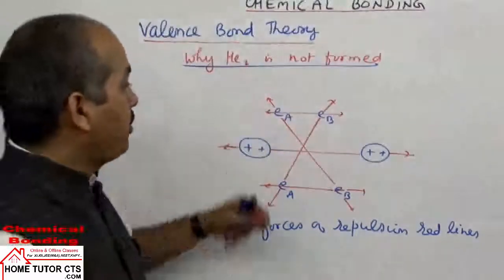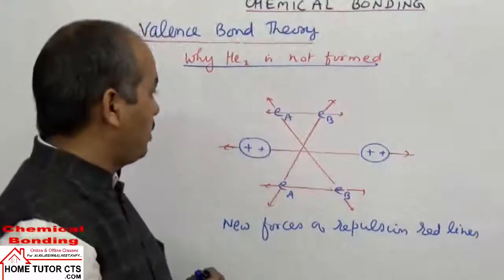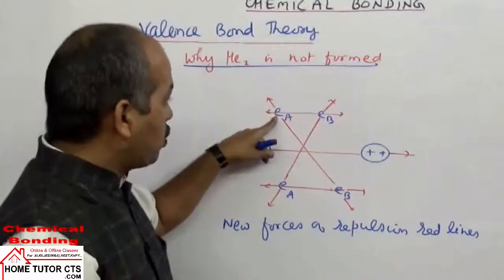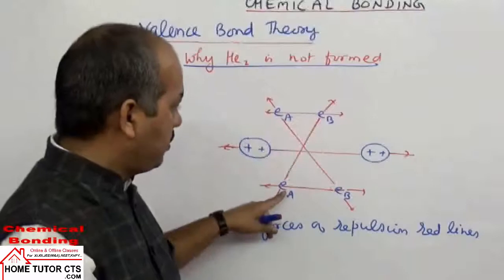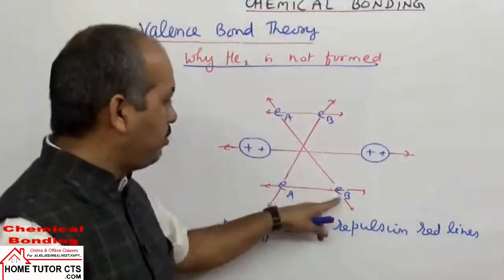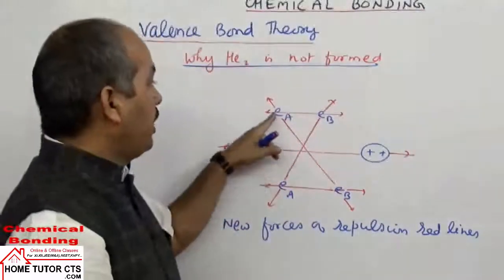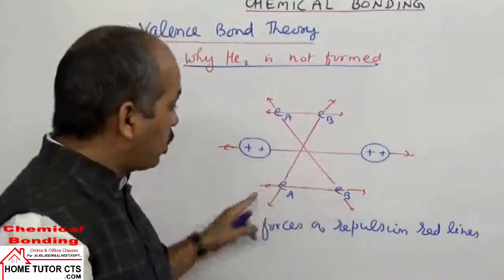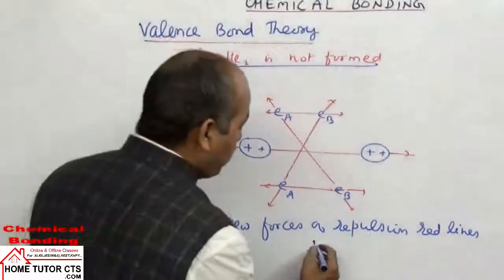Okay. So this can be taken as new repulsions. What is the number of new repulsions? We just consider here electron of atom A, electron of atom B, they will repel. Electron of A will repel by electron of B. This way also. So total we have how many repulsions possible here?